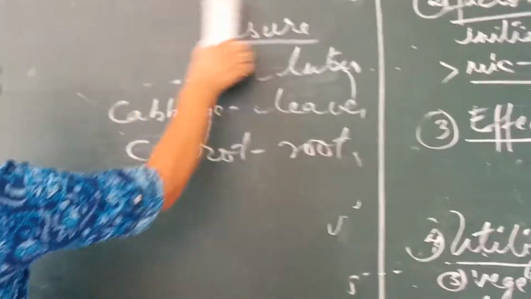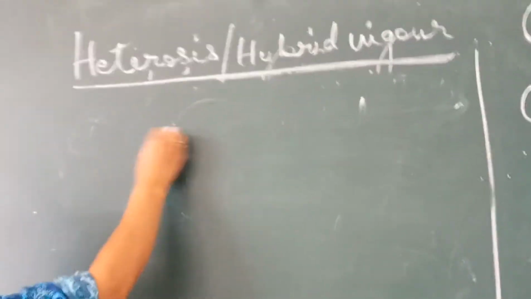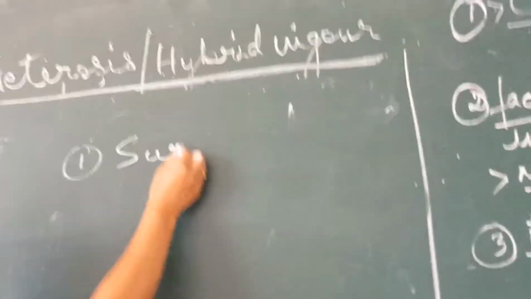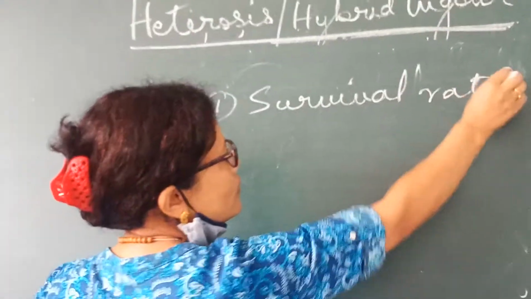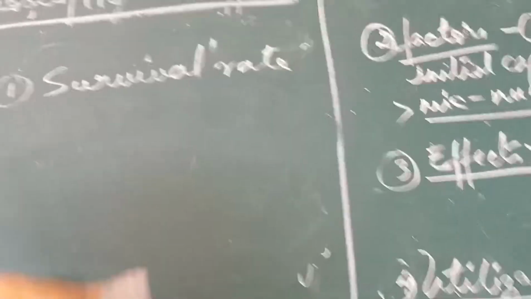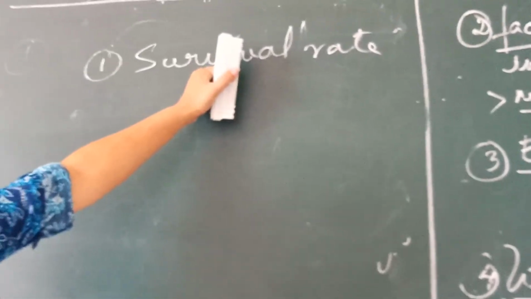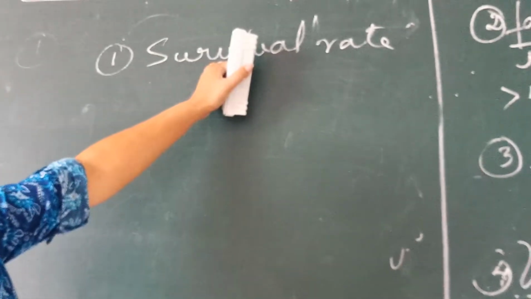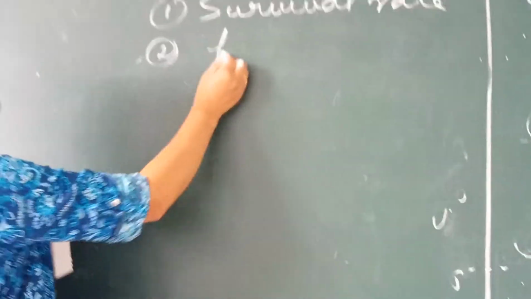Now the second effect of heterosis is biological. When we talk about biological effect, we are talking about two things. One thing is survival. If the plant is able to survive, if it has a high rate of survival, then yes, that is a condition of heterosis. Another biological effect of heterosis is fertility.